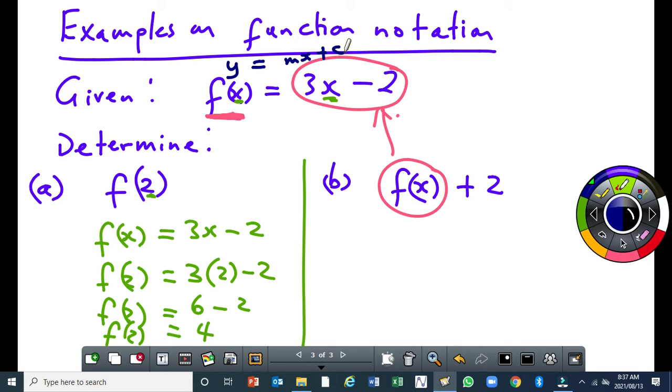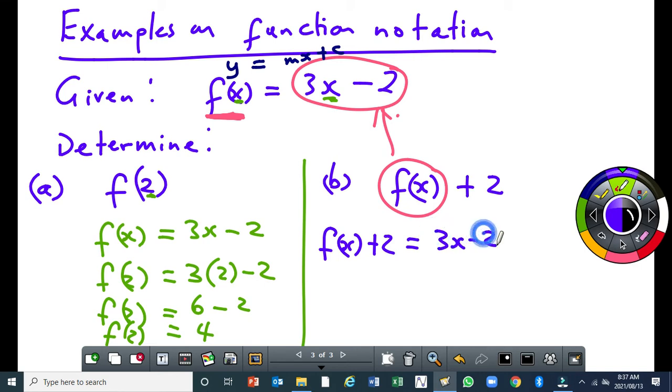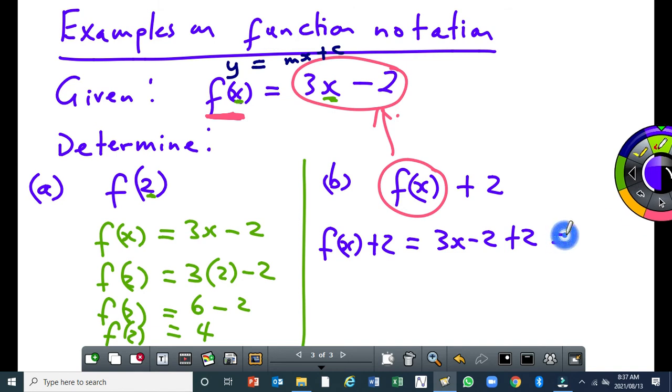But at this stage, we are not talking about sketching the graph. So let me find what this is equal to. f of x plus 2 is going to be equal to, where there is f of x here, I'm going to put 3x minus 2, so it will be 3x minus 2 plus 2. And the final answer is going to be 3x.